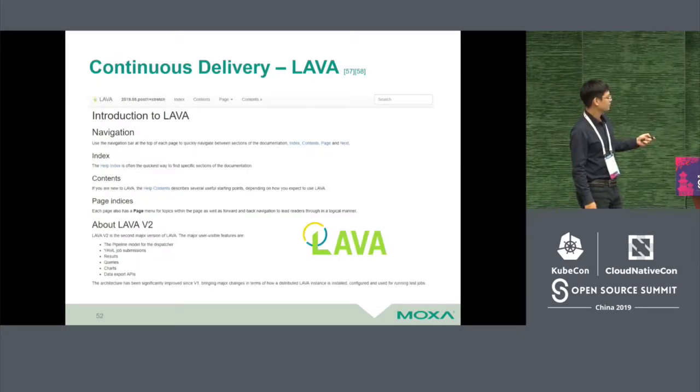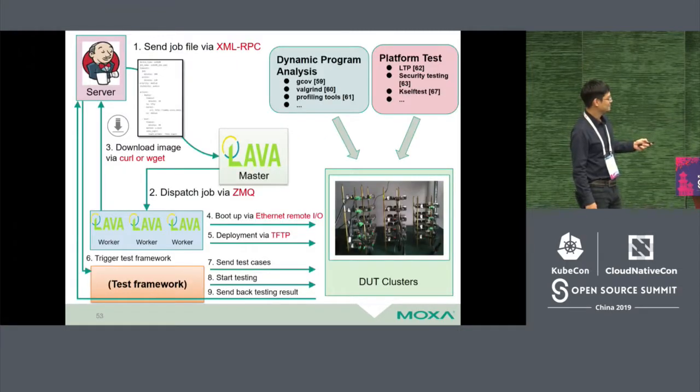In the delivery, we use LAVA. This is a tool made by Linaro. We can use this tool to make deployments to our testing farm. Once we get the binary and the image from Jenkins, we send a job file via XML-RPC to the LAVA master. It will dispatch the job via ZeroMQ.